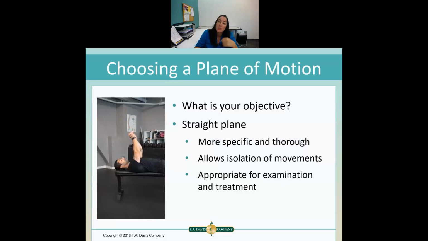So then I know what joint mobilizations to do, what stretches to do, all that by looking at that single plane of movement. It isolates the movement and it's appropriate for your exam. It's also appropriate for treatment. Most of our passive range of motion is in a straight plane of movement so that we can target one exact movement.